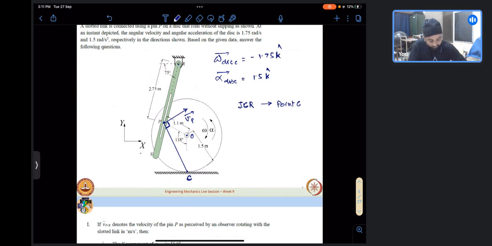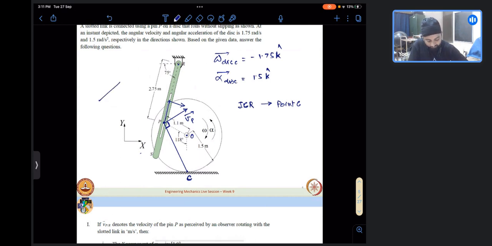We know that it will be along the slot. The third component we can find by simply completing the triangle, the normal velocity. Let me draw it separately.